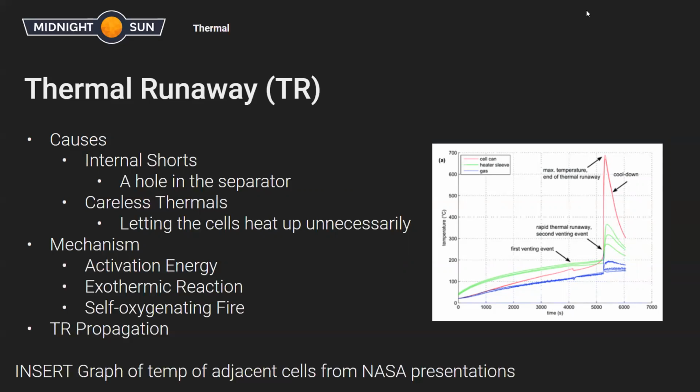Another way that it initiates is by just letting the cells heat up too much. If you have really high operating temperatures, then you'll be closer to that limit of initiating the thermal runaway. And because it is a chemical reaction, you may have heard of a few of the terms such as activation energy.